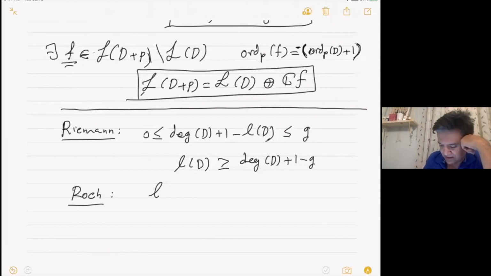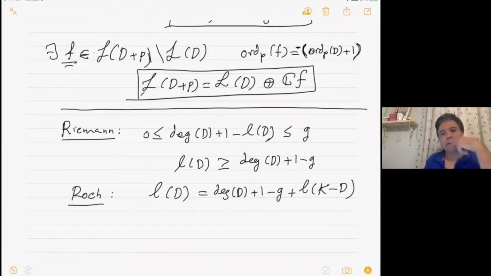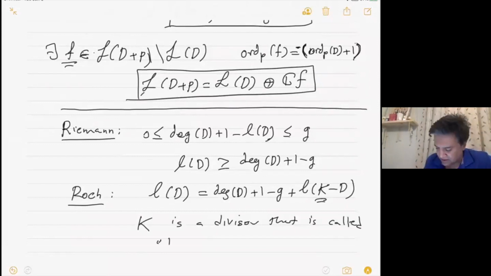Roch proved that L of D is equal to degree of D plus 1 minus G plus L of K minus D. And K is a divisor that's called the canonical divisor.